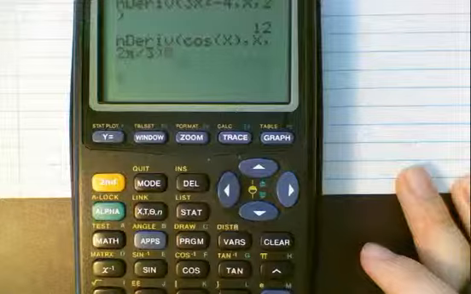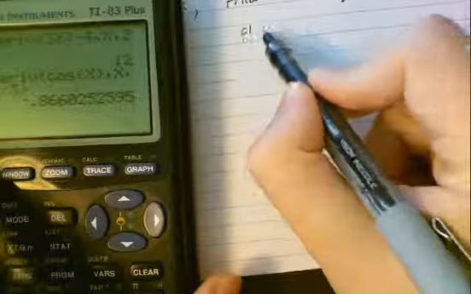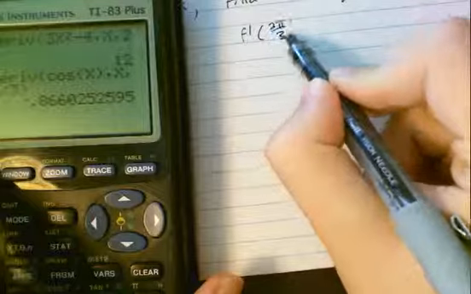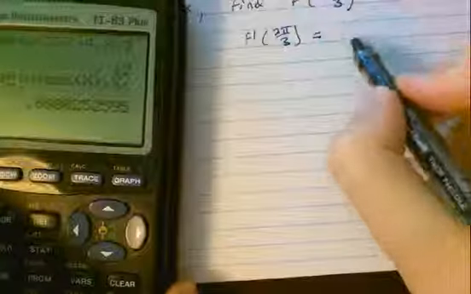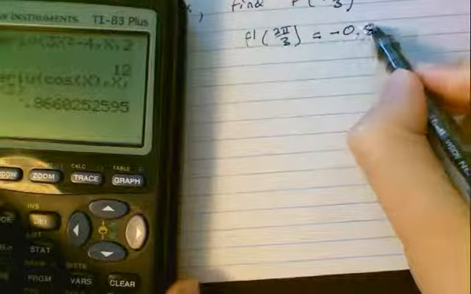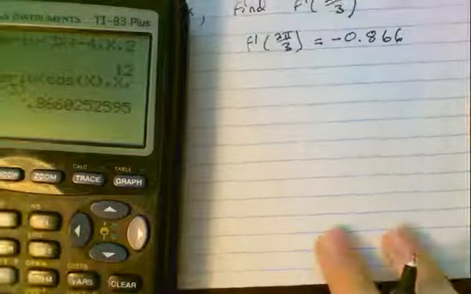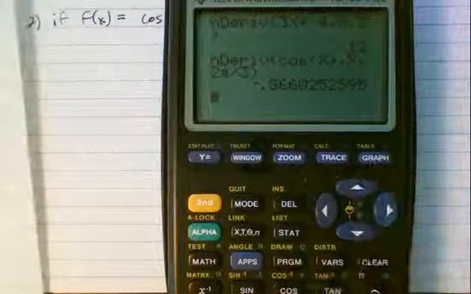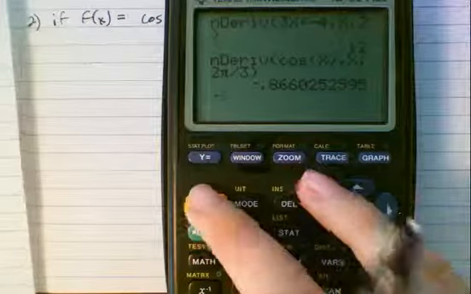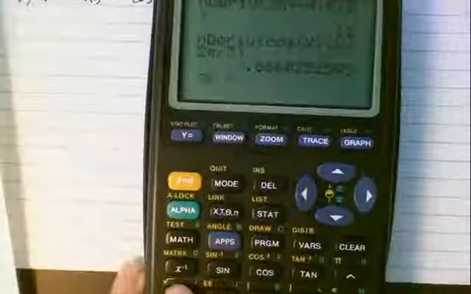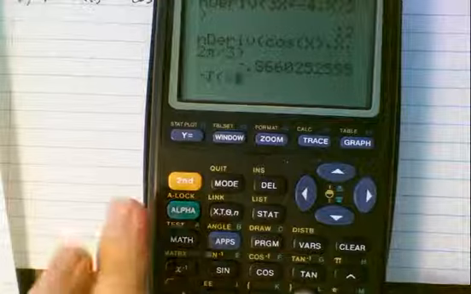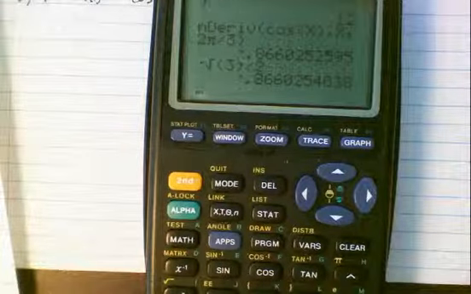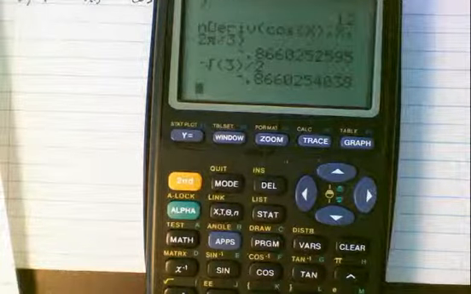Close up parentheses. And so that gives us negative 0.866. If we want to make sure that our answer back over here is right, we're just going to have to put in negative square root of 3 divided by 2. Look, it gives us the same thing.